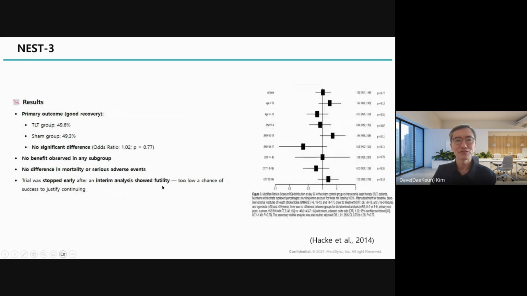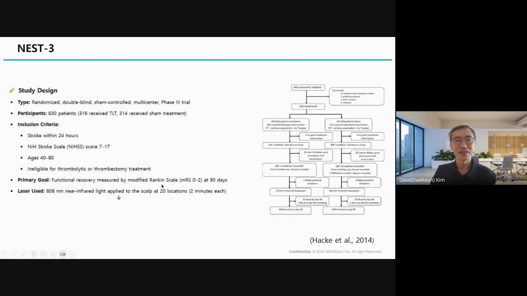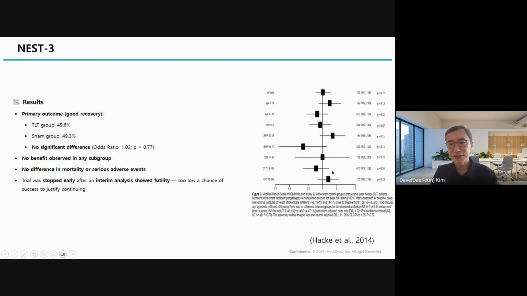So that's why finally they have this kind of efficacy data. You can see that none of the data show efficacy in the primary outcome measure here.